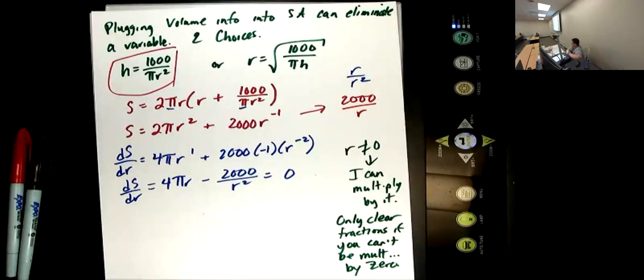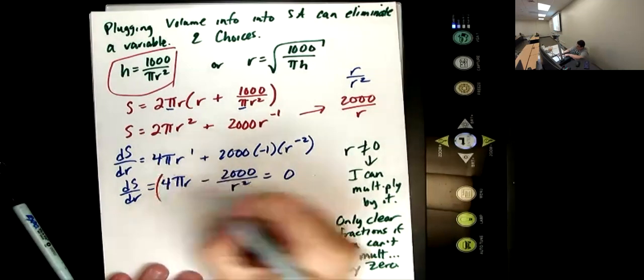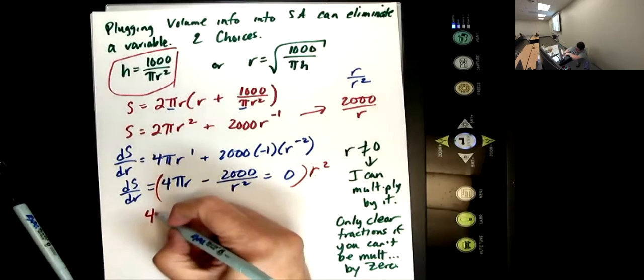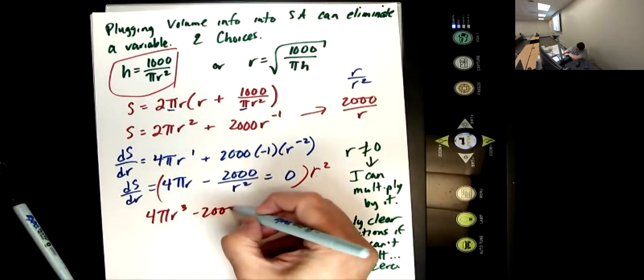Otherwise, just get a common denominator and solve that way. Here, since it can't equal 0, it's just easier to multiply through by it. I don't like the r squared, so I'm going to multiply everything by r squared. This becomes 4 pi r cubed minus 2,000 equals 0.